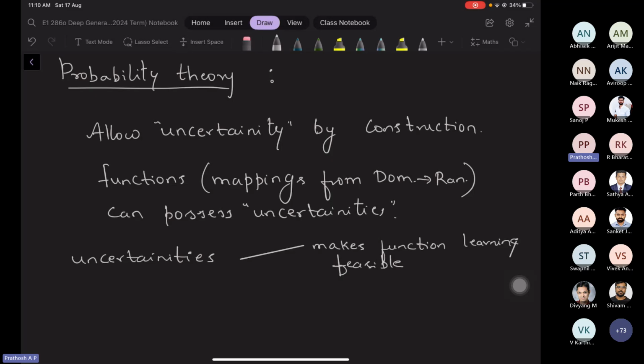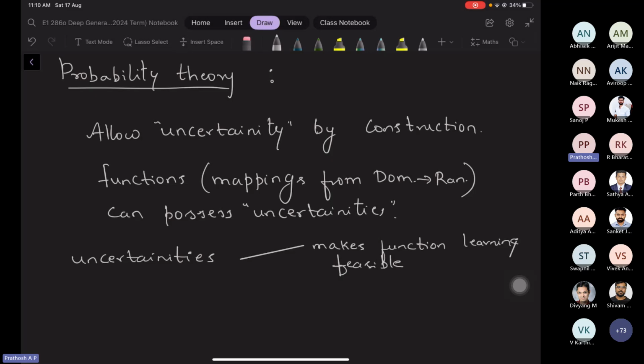Now, one might think that if this uncertainty is inherently in the model, it can be a negative thing, right? Because decisions are deterministically taken. Either you go somewhere or not, either you eat something or not. How can I have an uncertainty associated with my decision?